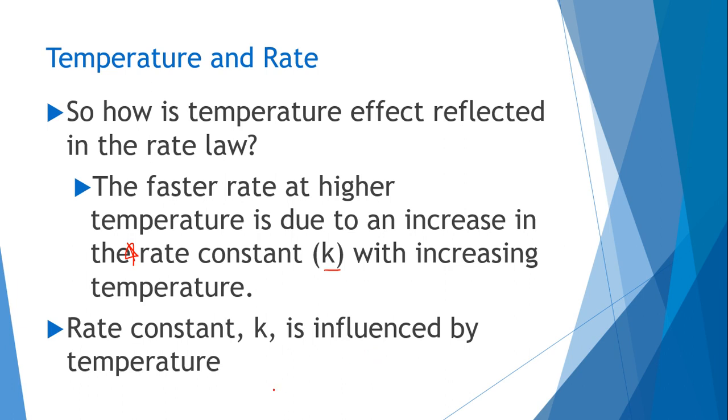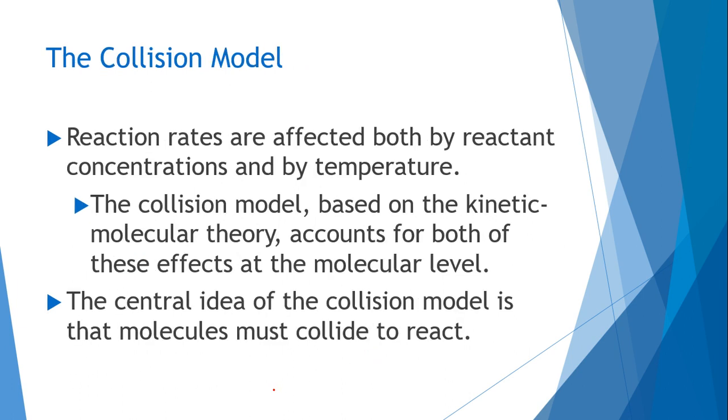So the rate constant plays a big role. Now, even though I say rate constants aren't really affected by concentration, reaction rates still are. For reaction rates, we still have to take into consideration the reactant concentrations and temperature.